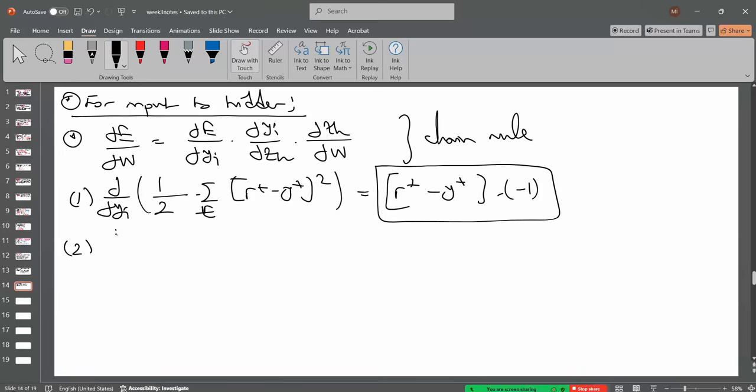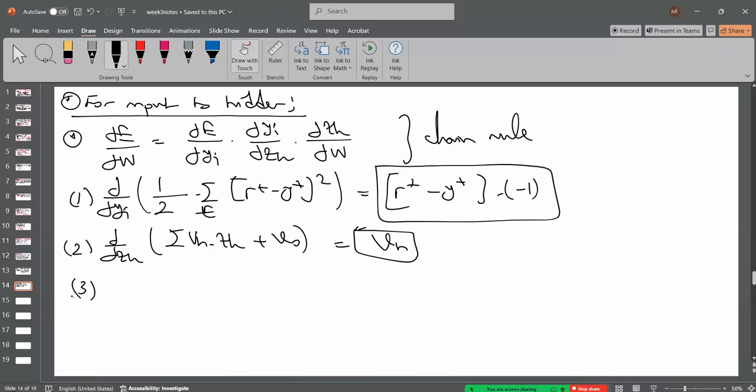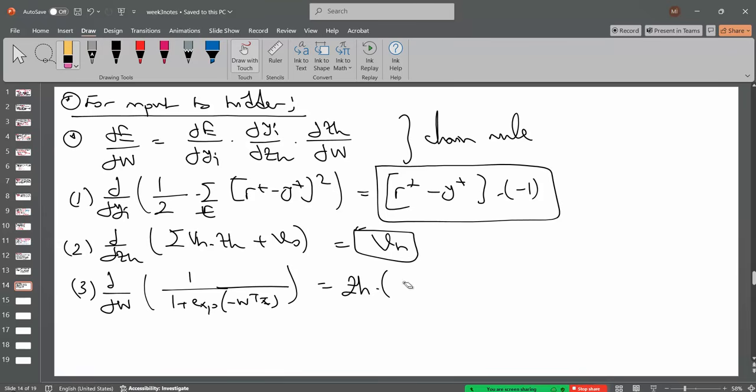In the second part, dy/dz_h is equal to the derivative of v_h z_h plus v_0, which is equal to v_h. Okay? This is simple. And so for dz_h/dw, z_h is 1 divided by 1 plus exponential of minus w^T x vector, and this comes from z_h times (1 minus z_h). This is the sigmoid derivative rule, times x_j.